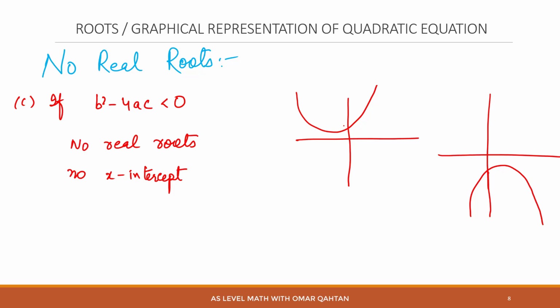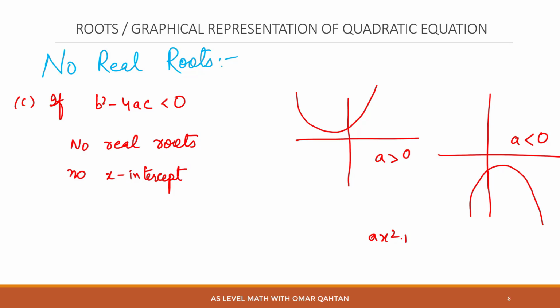As you could see here, this curve is not cutting the x-axis, so it's not giving you any x values. In this scenario, a is greater than 0, and in this one a is less than 0.